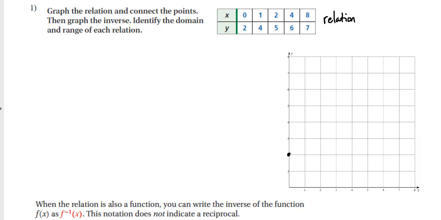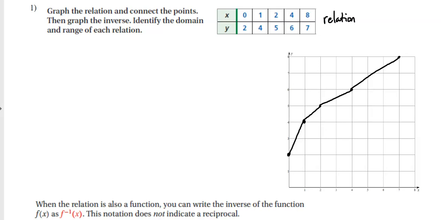When x is 1, we're at 4. 2, 5. 4, 6. And then 7, 8. Now, I could try to make it smooth with a curve, but I'm just going to connect it with lines. The slope is changing throughout this whole thing.